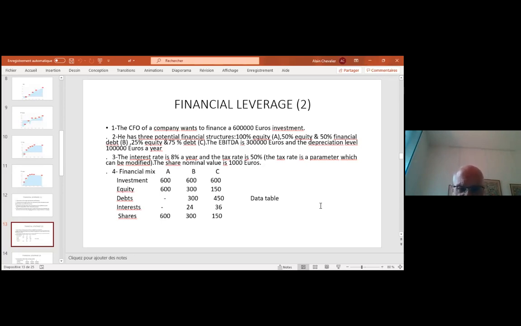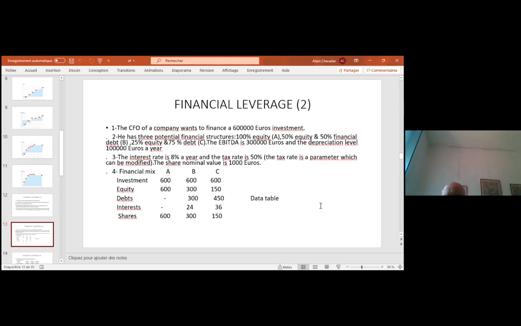25% of 600 is equal to 150. So you have an increase of 600 shares, an increase of 300 shares, an increase of 150, depending on the financial mix you use. That means also, and this is not introduced in that example, that the consequences of dilution of wealth for the original shareholders will not be the same.